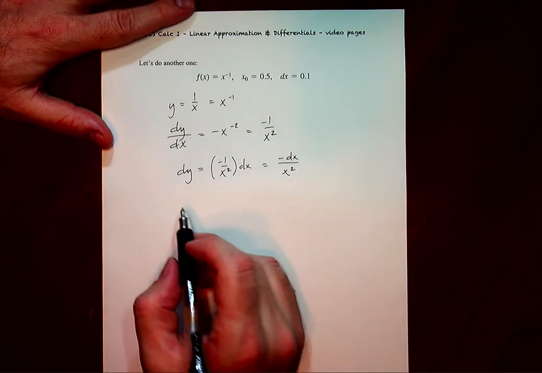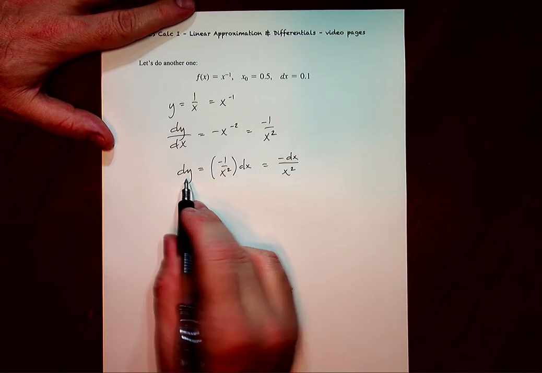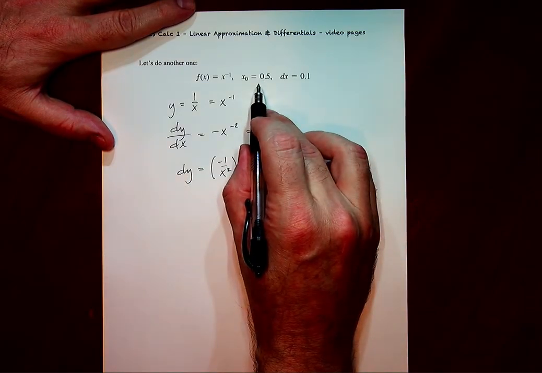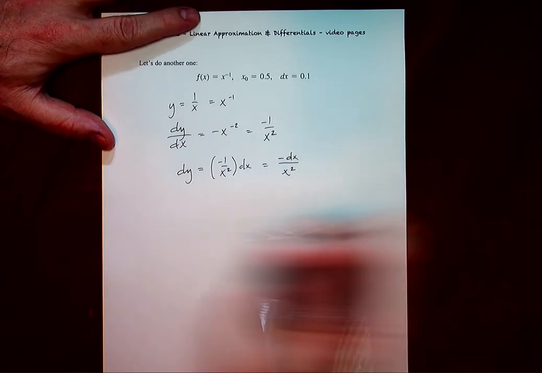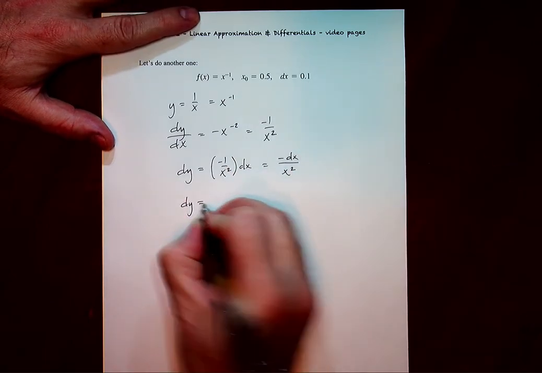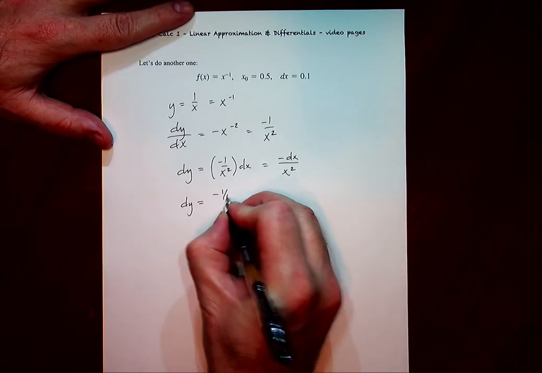And so if I want to determine how much the output has changed when I go from 1/2, 0.5, to 0.6, then I simply have to say, okay, well, dy is equal to negative 1/10, right?